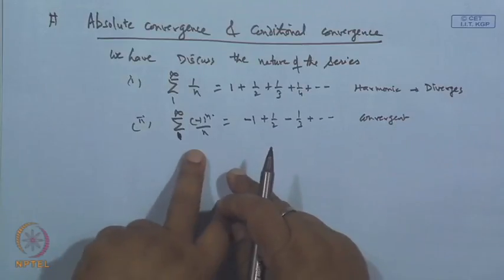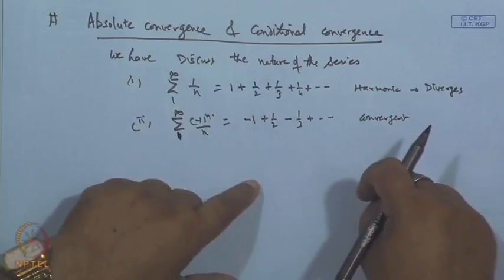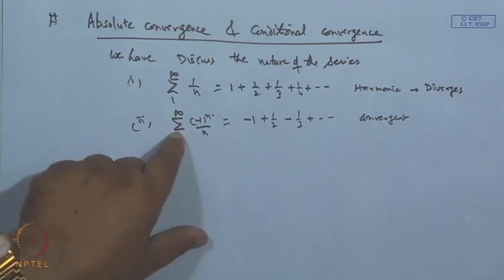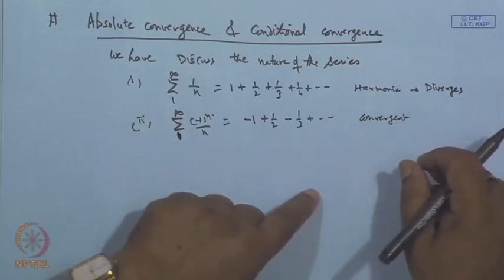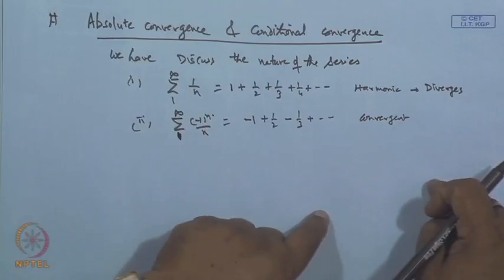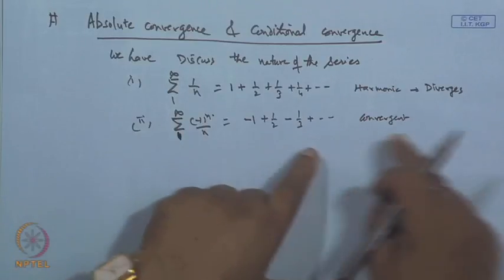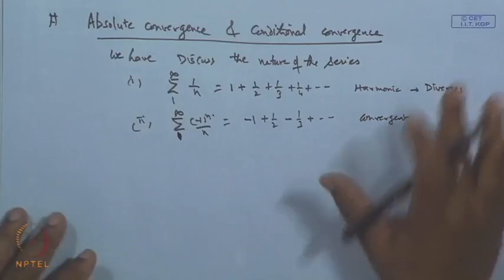If you remember, we find the sum of the even number of terms and the odd number of terms, and the difference of these two is bounded by 1 upon 2 to the power 2n plus 1, which goes to 0. So, the limits of even number terms and odd number terms are the same, the limit exists, and in fact we can identify the sum for this series. So, it is convergent.